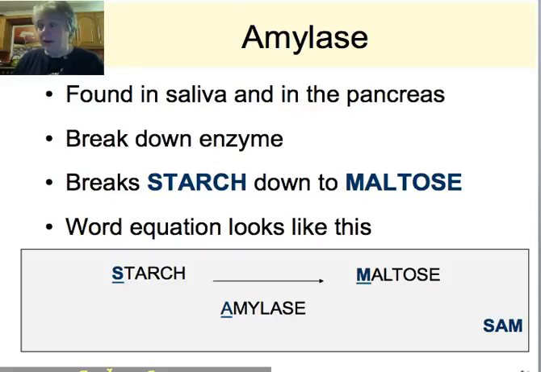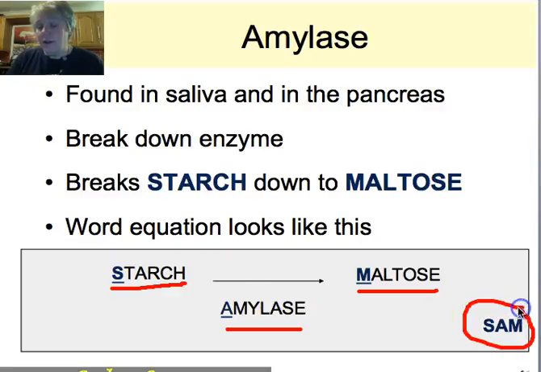Remember, we talked about that before, that amylase was specific to starch. So here's the word equation for it, and a good way to help remind you of this is to look at the word equation. Starch is broken down by amylase to maltose, and we can use the term SAM for that, for starch, amylase and maltose.